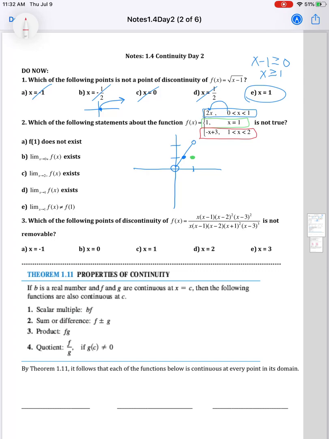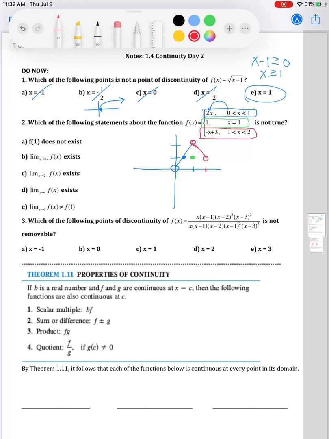I have a compound inequality, neither are equal, so I'm still going to sub those values in and see what I get. So when I sub 1 in, -1 plus 3 is 2. Open circle, puts me right on top. You can sub 1.5 in or just jump right to the 2. But if you sub 2 in, you get a +1. Again, open circle. So if we connect these dots here.